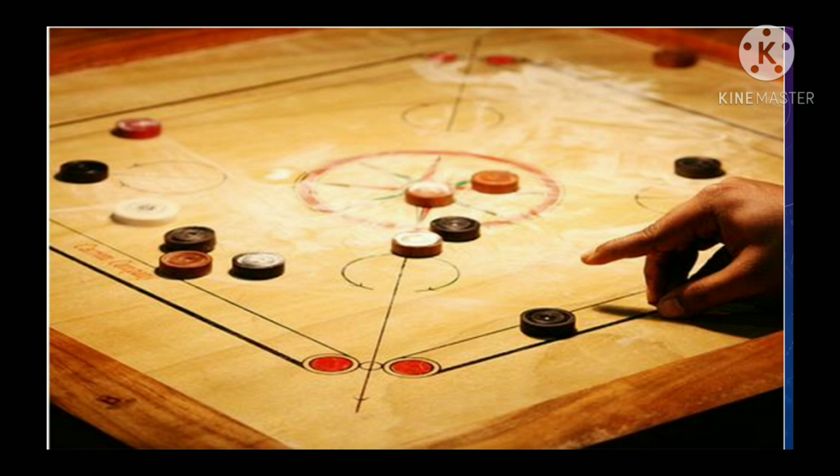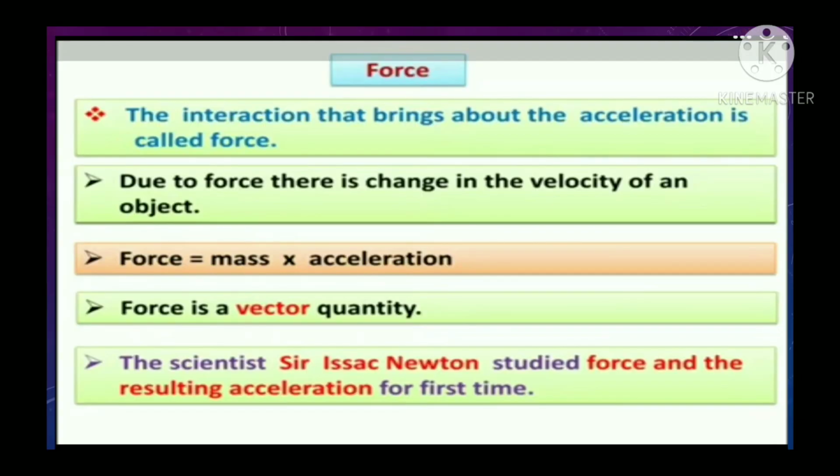The velocity of the coin decreases due to the force of friction and the coin stops. If the friction between the carom board and the coin is reduced by applying talcum powder, the coin keeps moving for a longer time. It would mean that if no force of friction is acting on a moving body, it will keep on moving with constant velocity.